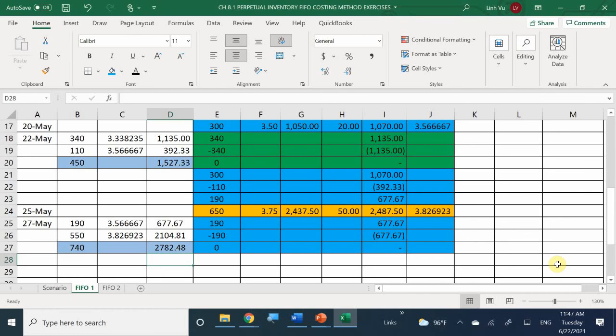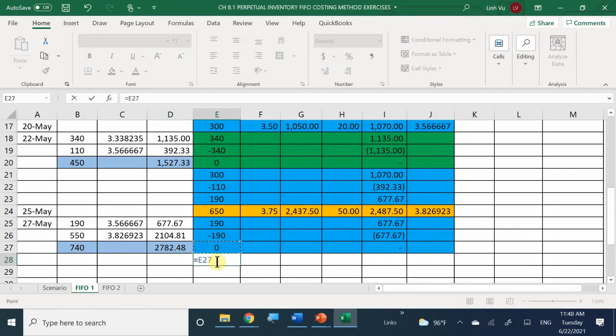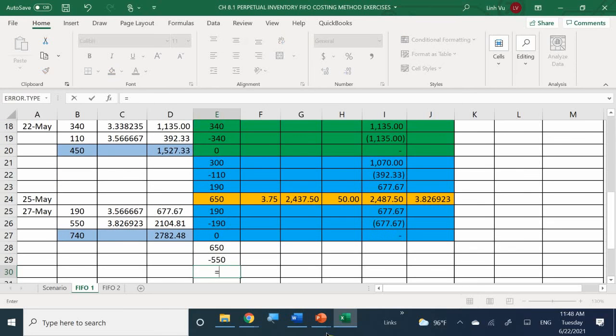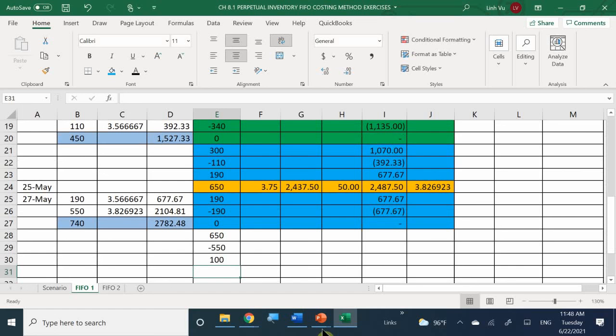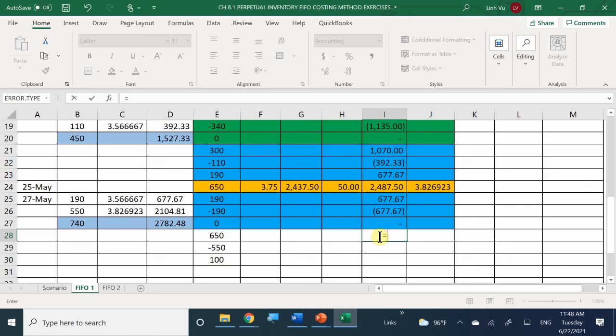Now that I calculated my total amount that I'm going to be selling out of my orange batch, I'm going to bring down my orange batch and say I sold 550. So if I start with 650 minus 550, I should be left with 100. Now, what about my total cost?